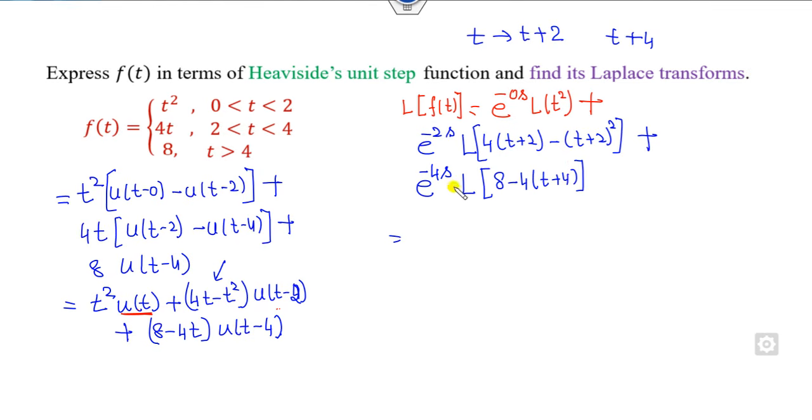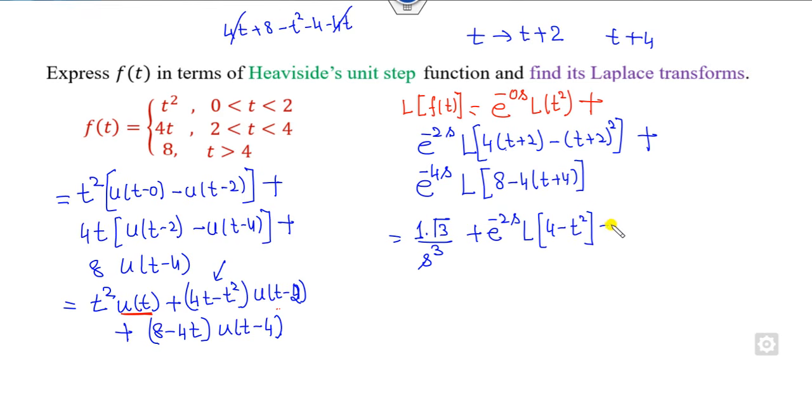So e raised to power 0 is 1. Laplace of t square is gamma function of 3 over s cube, plus e raised to power minus 2s. I can open this bracket: 4t plus 8 minus t square minus 4 minus of this. So it is 4 minus t square, e raised to power minus 4s. Again, if I open this bracket, it's minus 16 minus 8.